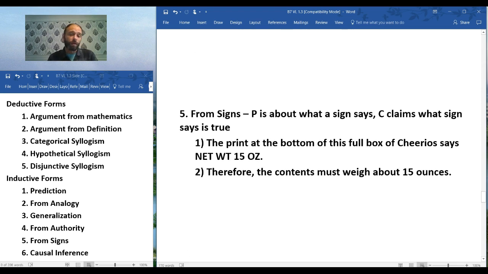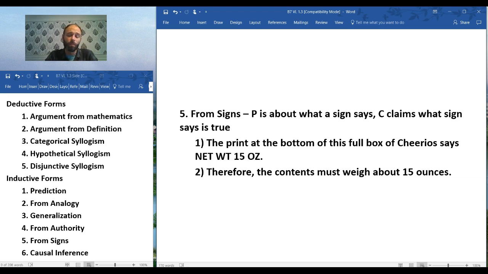The next type of inductive argument is argument from signs, and that's pretty straightforward. The premise is about what some sign says, or plaque says, or in the example, cereal box says, and the conclusion claims that what the sign says is actually true. So, take the following example. The print at the bottom of this full box of Cheerios says the net weight is 15 ounces.